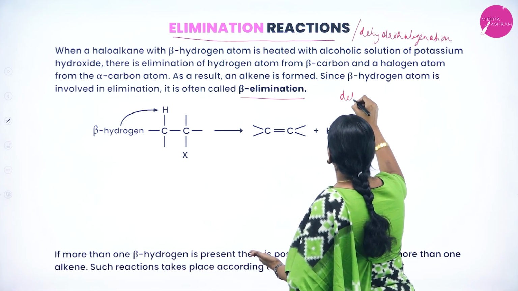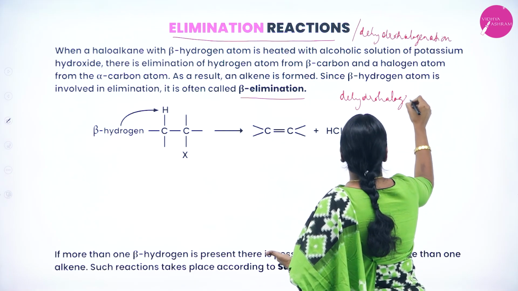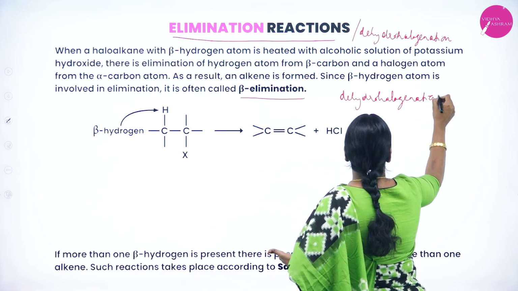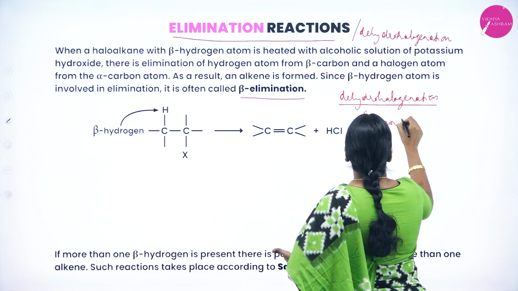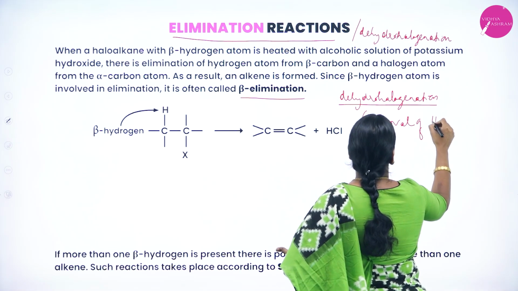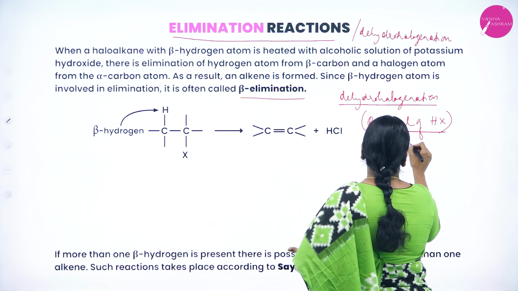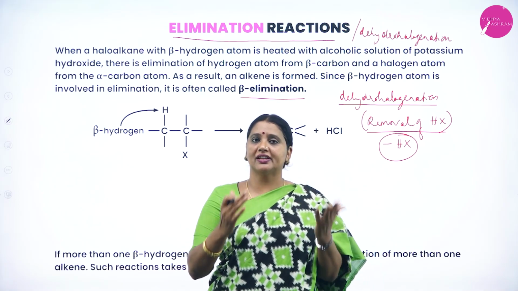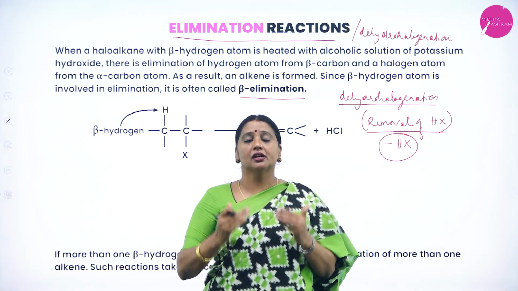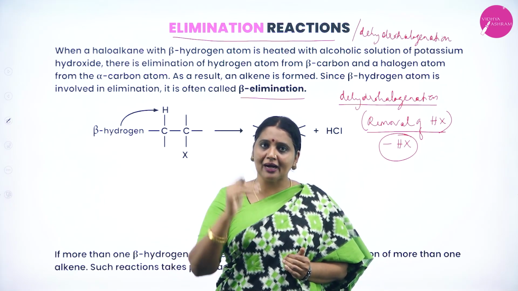Dehydrohalogenation means removal of hydrogen and halogen. Removal of hydrogen and halogen is called dehydrohalogenation. For example, what is dehydration? Removal of water. What is decarboxylation? Removal of carbon dioxide.